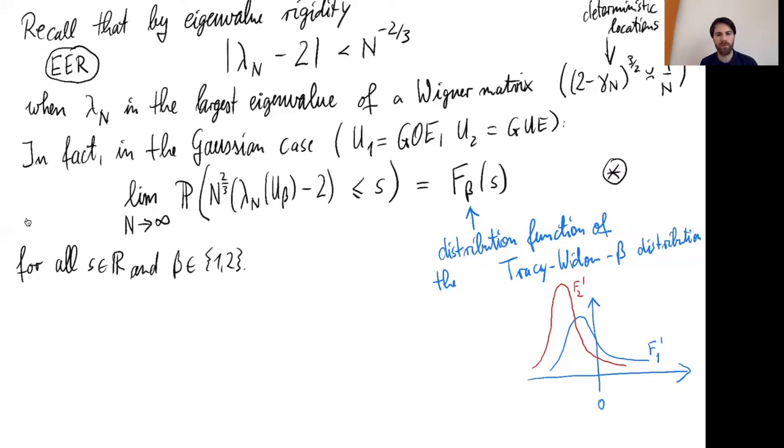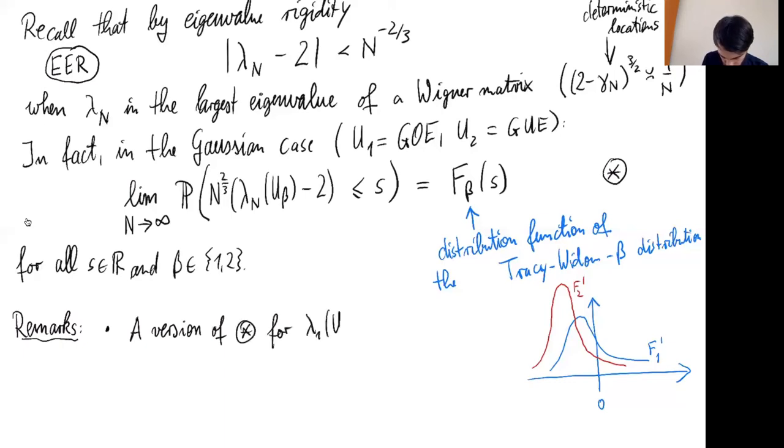Of course you have a similar result if you look at the smallest eigenvalue. A version of star holds for lambda 1 of U beta, plus 2.